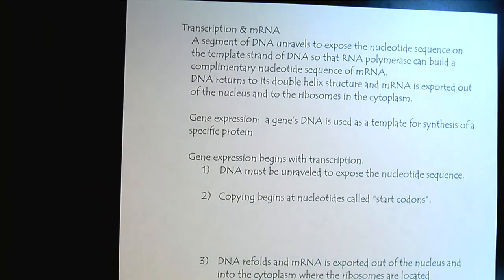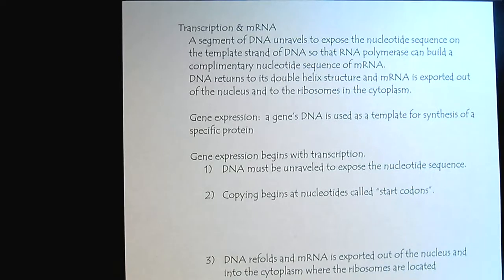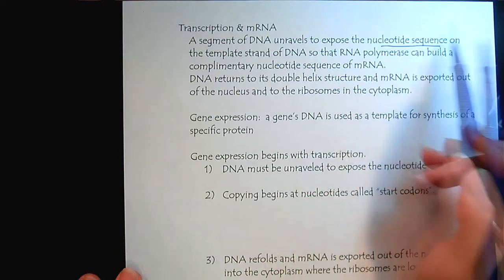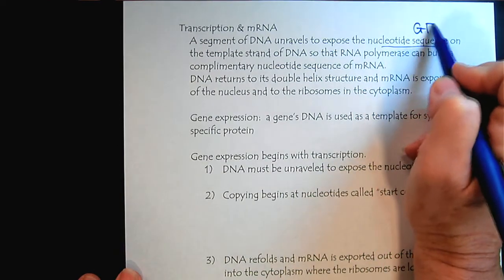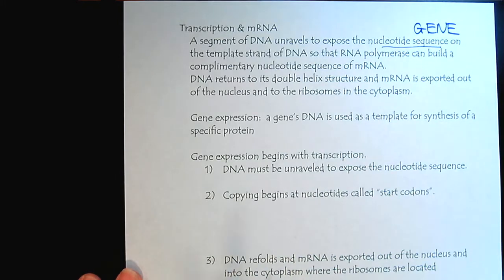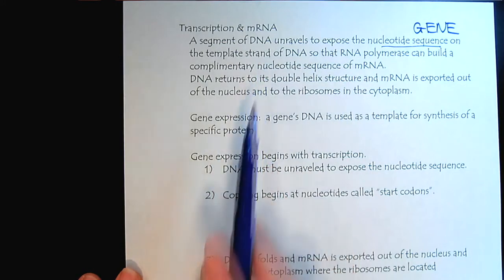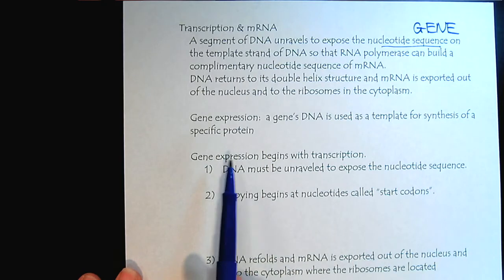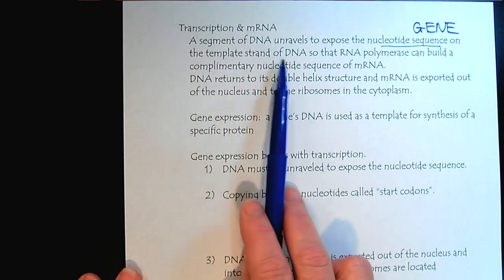So remember that we have a segment of the DNA unraveling to expose the nucleotide sequence, right? There's the gene. The nucleotide sequence is the gene that gives the directions for how to synthesize a protein. Alrighty.